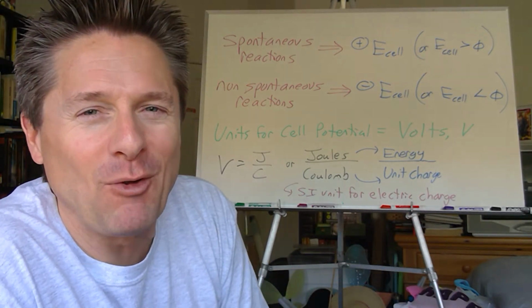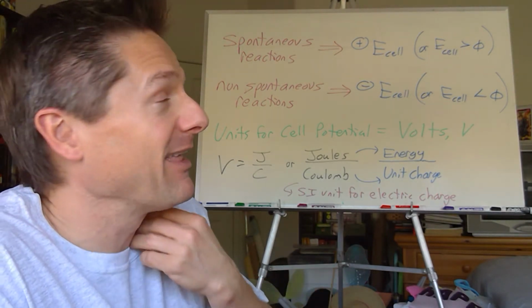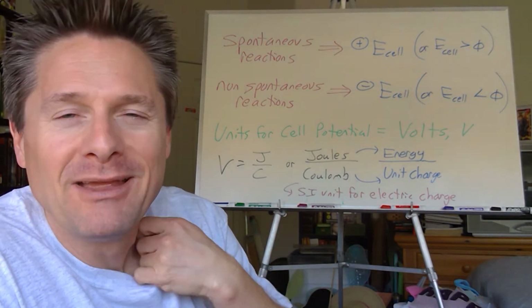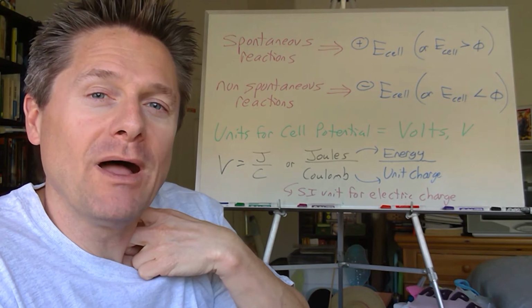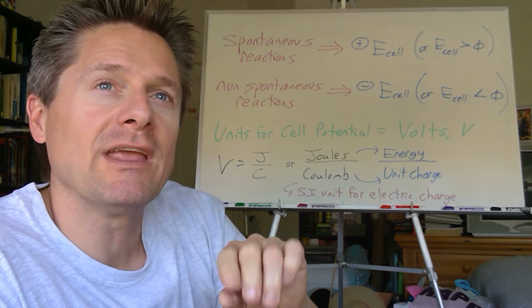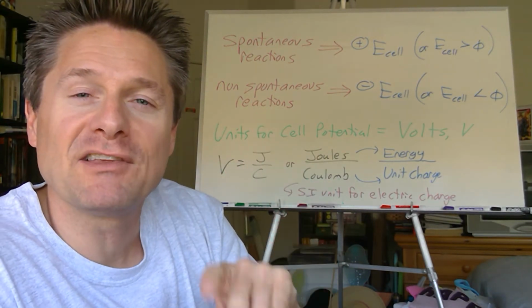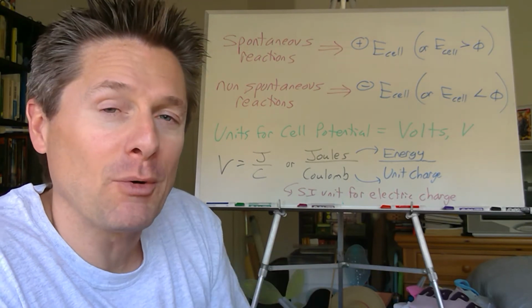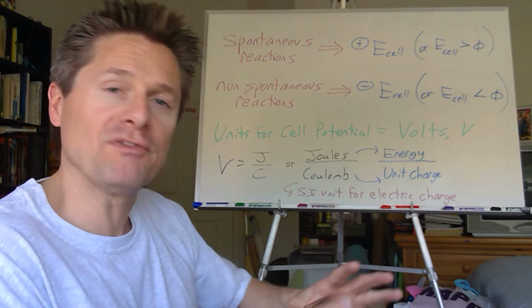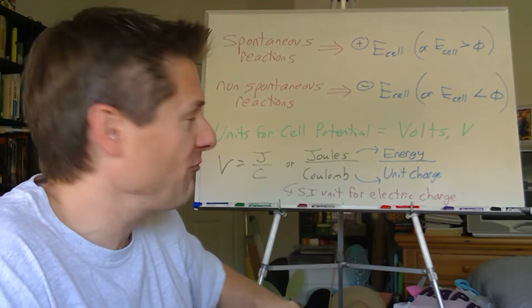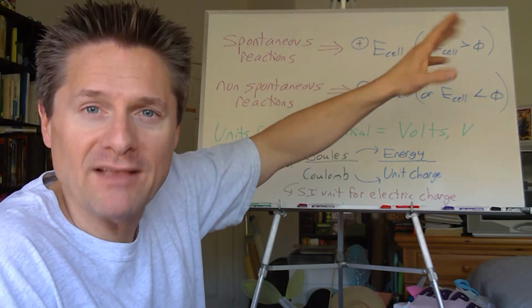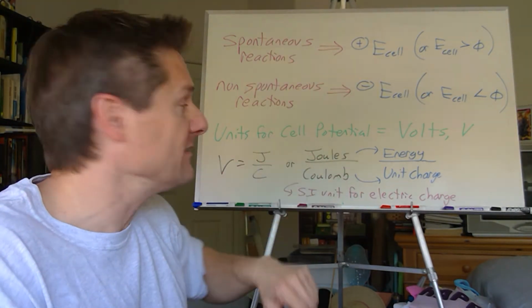You get a feel for voltage versus current and all that kind of fun stuff. We'll talk about current probably towards the end, when we do forcing non-spontaneous processes to become spontaneous. But volts is that potential difference, the height of the waterfall. So the higher the volts, the more positive it is, the higher that waterfall is.